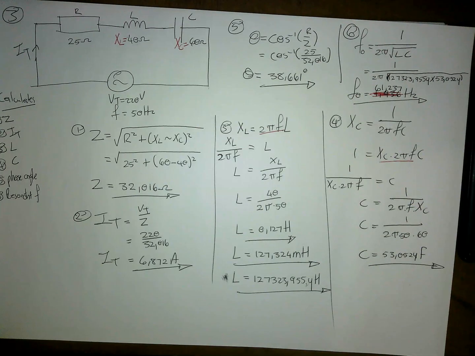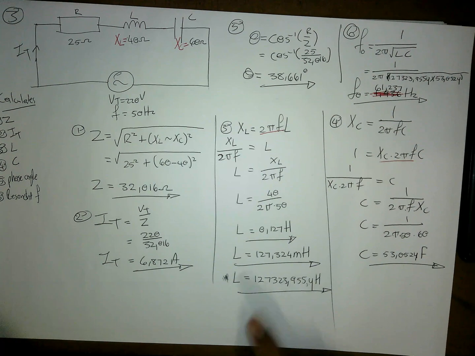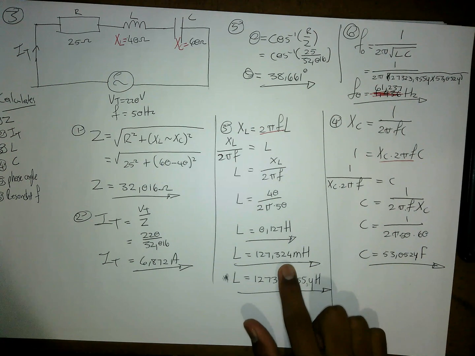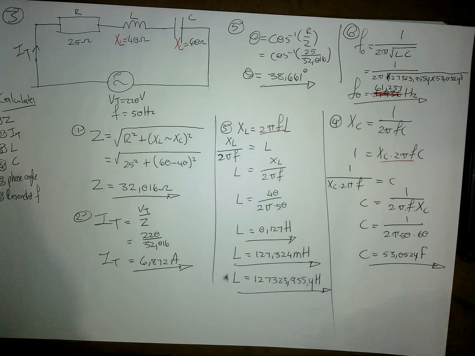Now you see what I meant: you will get a different answer because the micro has more decimals than these ones. So for sure you will get a different answer. For me, the more numbers you have in your decimal, the more accurate you'll be, without a doubt.